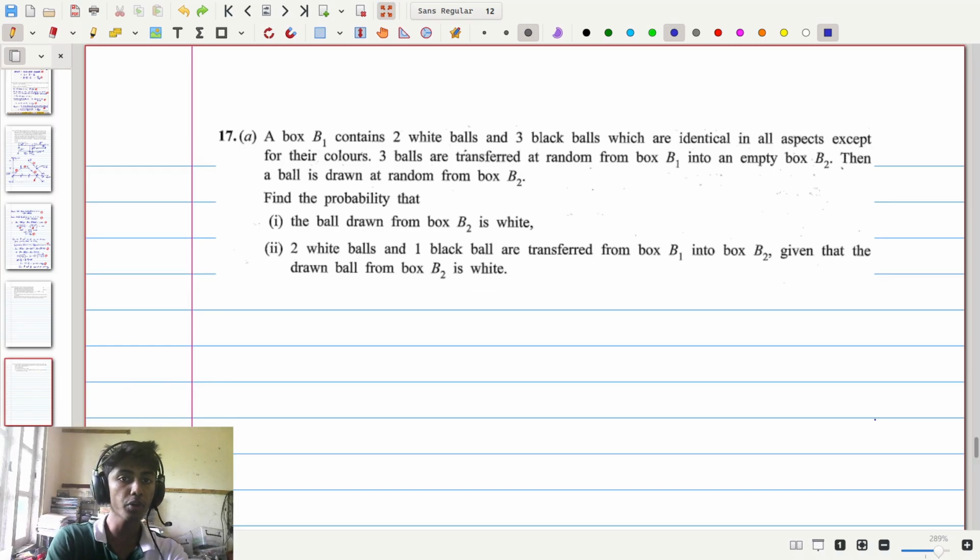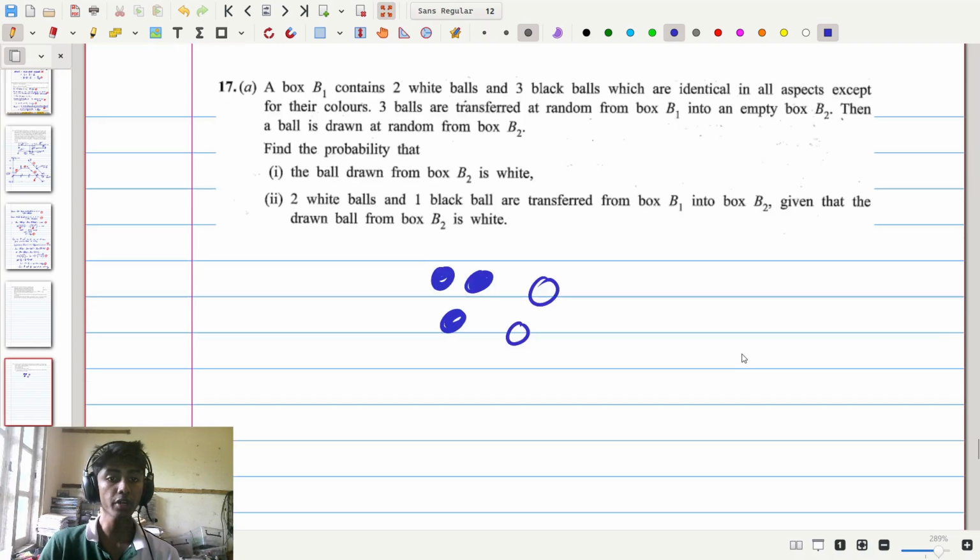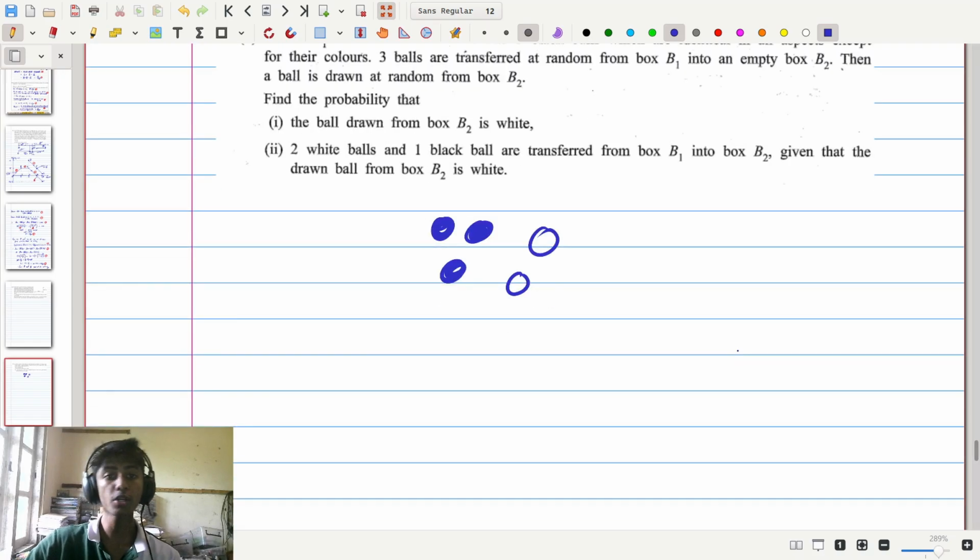Now for the first part of the question, what we need to do is to consider the 5 balls that are in box B1, which are 3 black balls and 2 white balls, and consider the possible combinations of 3 balls that could have been transferred from box B1 into box B2. We could have taken all 3 black balls and transferred them into box B2.